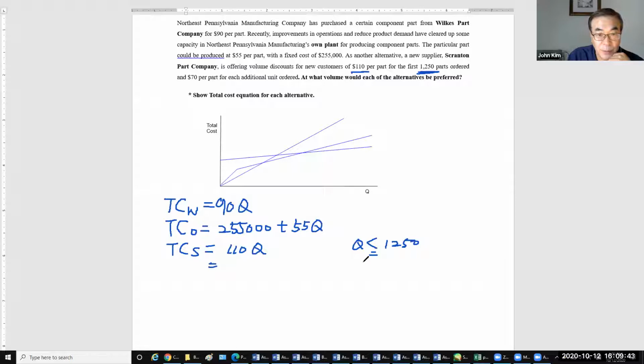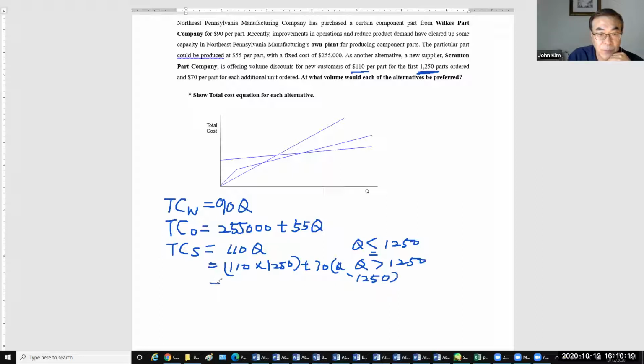But more than 1,250, it will be 110 times up to 1,250 parts, and then plus more than 1,250, that will be $70 times Q minus 1,250.